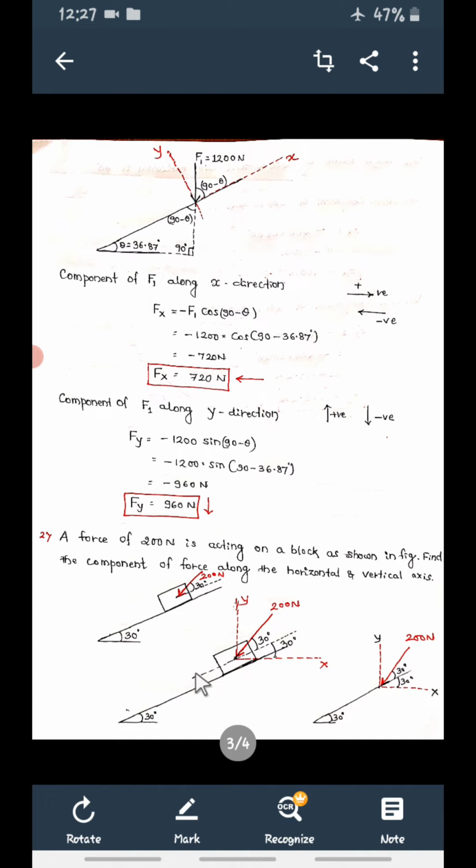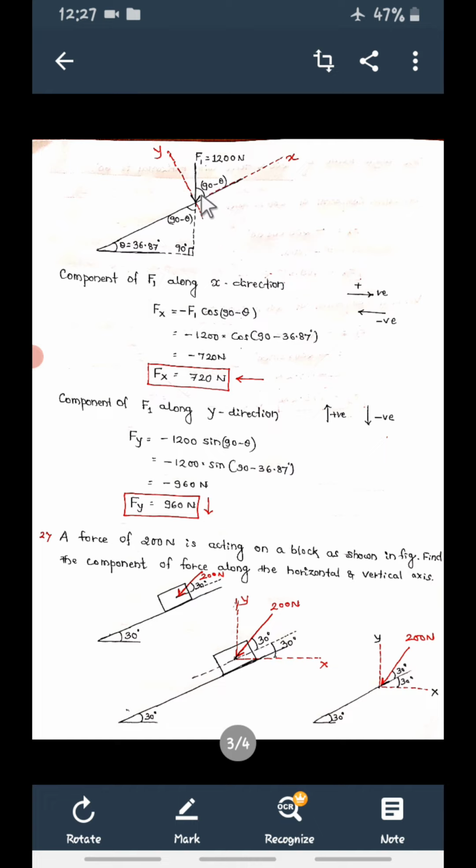Now see, again I have drawn this line. So this 200 Newton force is making an angle of 30 degrees with this line. Okay, but what do we want? We want the component of this along horizontal, that is along the x-axis, and along the y-axis.